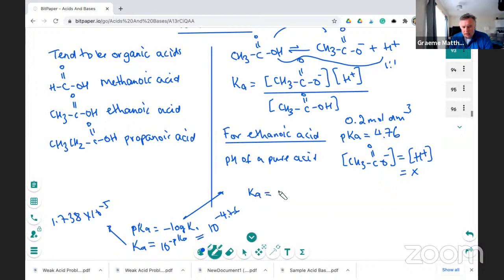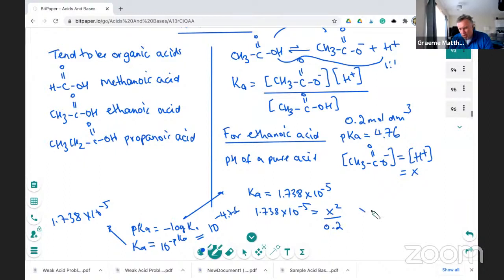So Ka is, we said, 1.738 times 10 to the minus 5. And so I got 1.738 times 10 to the minus 5 is, let's see, this expression up here, going to be x squared, because I defined it up here, over the concentration of 0.2.